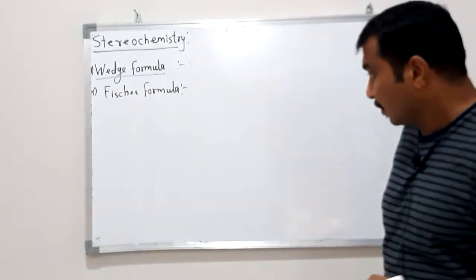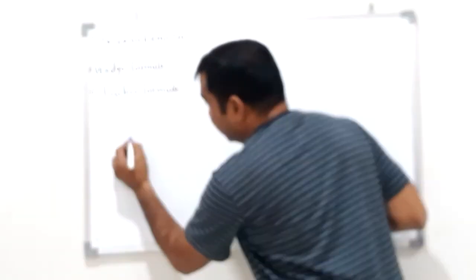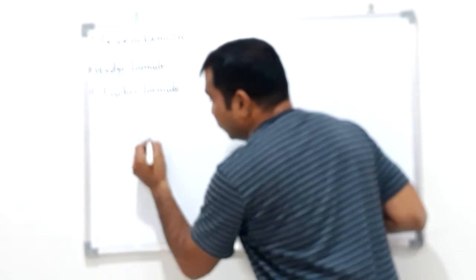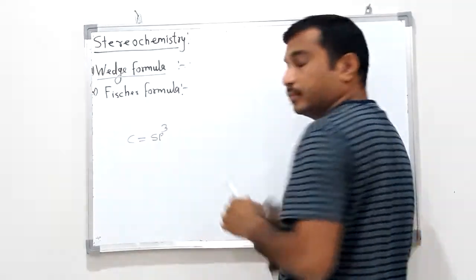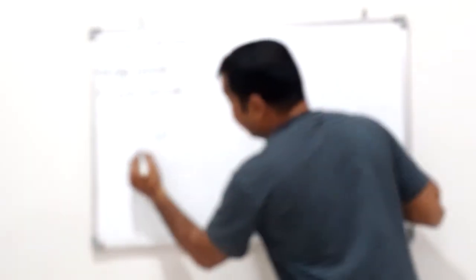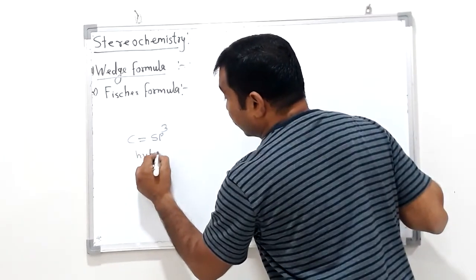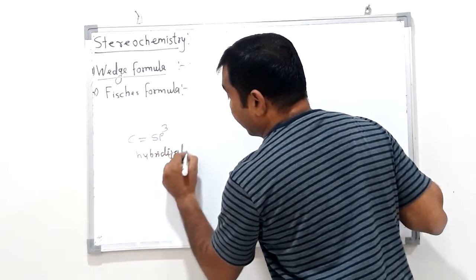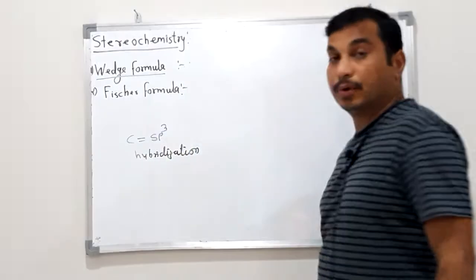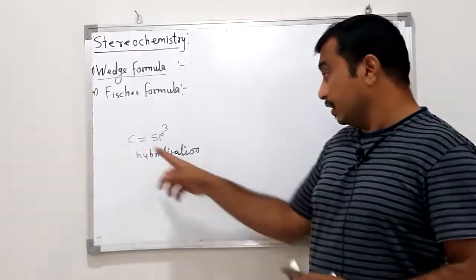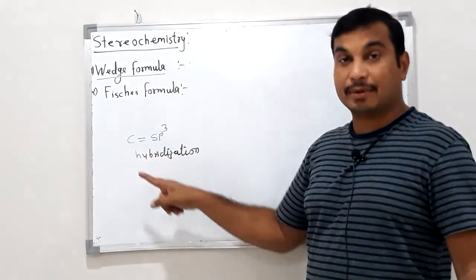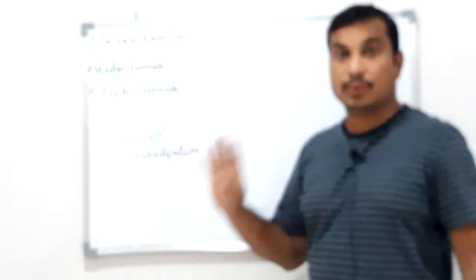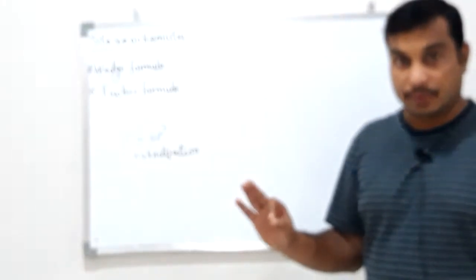Okay, so whenever a carbon is in sp3 hybridization, it means that carbon is going to form 4 sigma bonds.